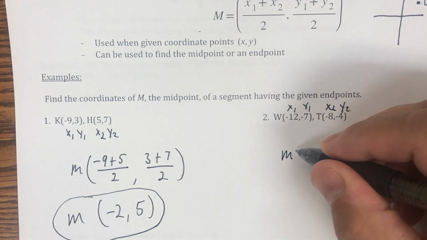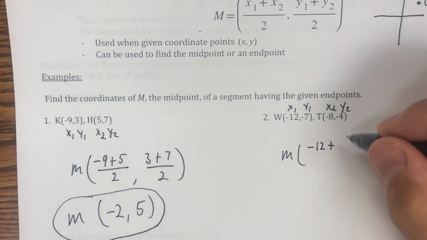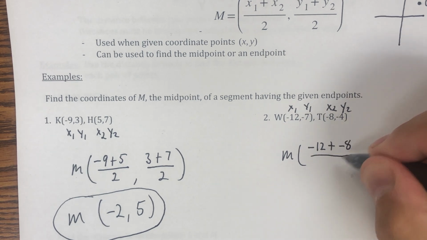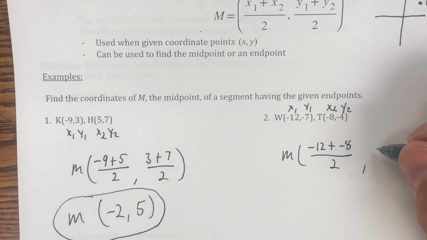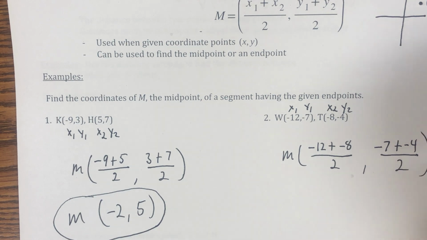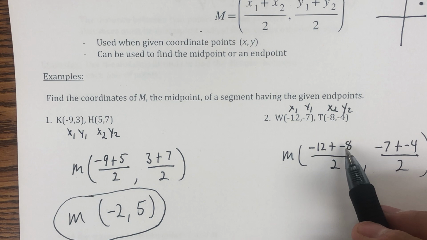Midpoint is x1 plus x2, so negative 12 plus negative 8 divided by 2. Make sure you do the top before you divide, comma. Y1 is negative 7 plus negative 4 over 2. Now we just got to simplify it down. Negative 12 plus negative 8 is negative 20.